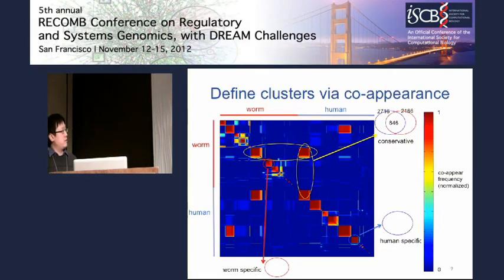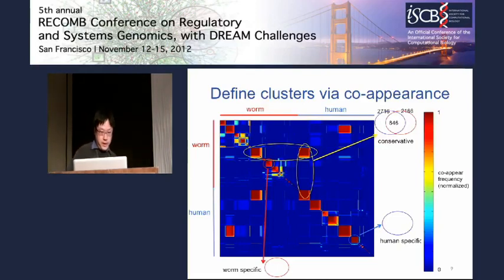This one forms a cluster in worm, and this one forms a cluster in human. But when you look at the off-diagonal position, these two clusters heavily overlap, in the sense that this set of worm genes and this set of human genes appear very often in the same modules. So we call these conserved modules.